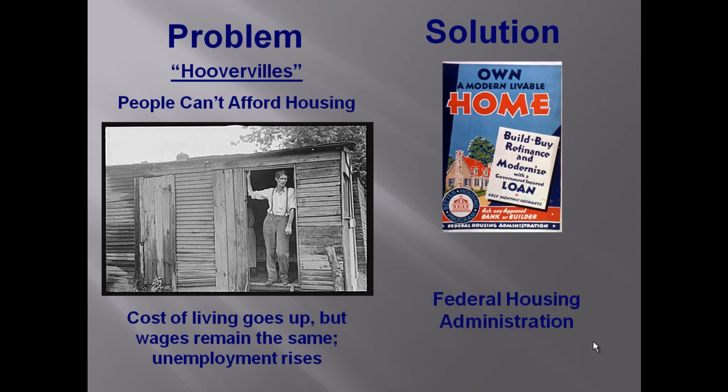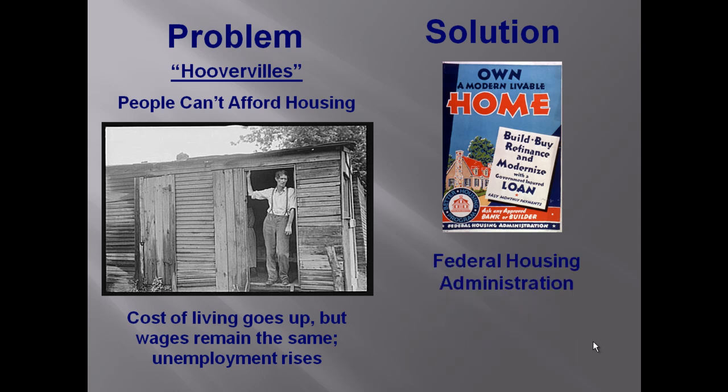FDR's solution for this is the FHA, the Federal Housing Administration. This helps people to buy, build, and refinance with government-insured loans. This is both relief and recovery in the 3 R's.